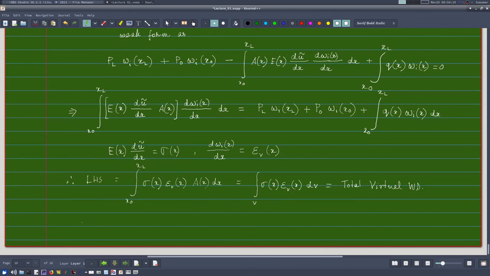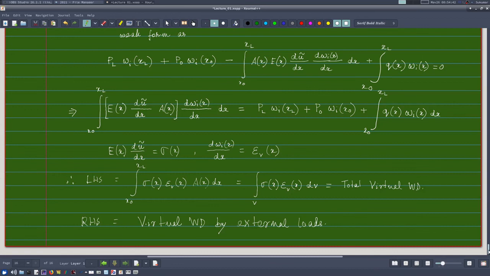So the right hand side gives me virtual work done by the external forces, the external loads.